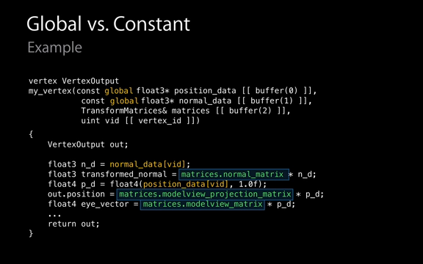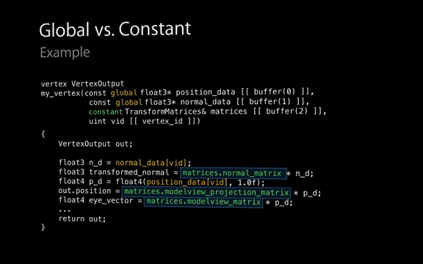But if you look at the other 3 data pattern accesses in matrices, you notice that if we were executing this function across multiple vertices, they're going to refer to the same normal matrix, the same projection matrix. Therefore, I should declare these in a constant address space. Hopefully this gives you an idea of how to declare your buffers in which address space. You don't have to do that for textures.